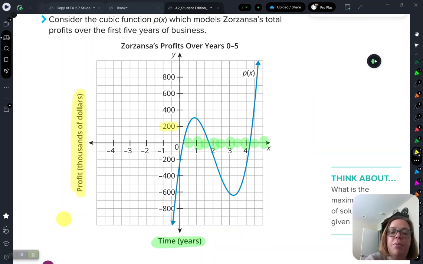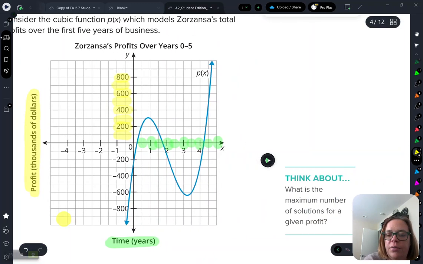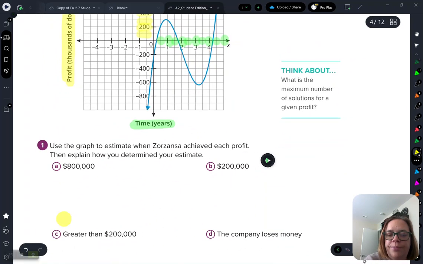It means they made a profit of $200,000. But by saying our units are in thousands of dollars, we're saving some time by not having to write all the zeros. All right. So each line looks to be about $100,000 in profit.